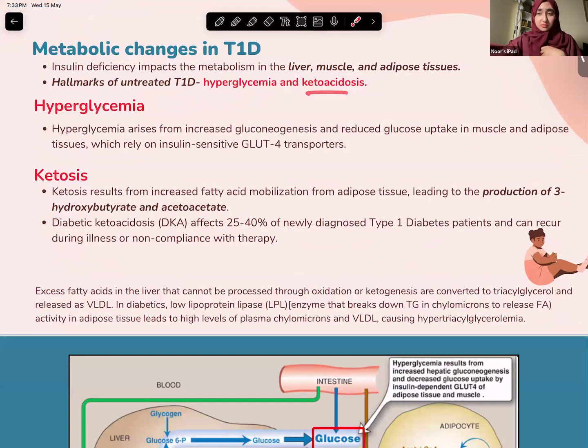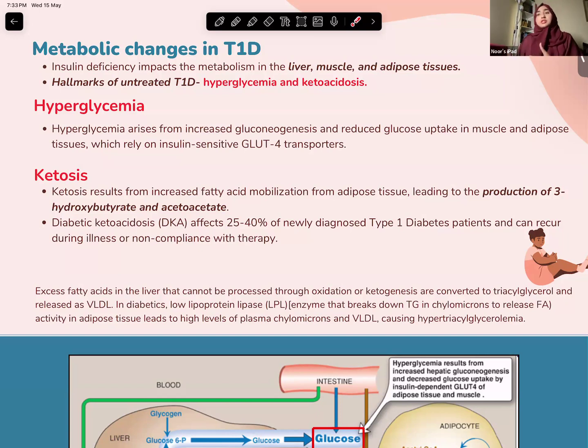Talking about ketoacidosis. Ketoacidosis is basically a process which happens when your body does not have enough insulin, for example, in type 1 diabetes, like I just mentioned. Now, when your body does not have enough insulin to use glucose for energy, it starts breaking down fats for energy, or fats for fuel.